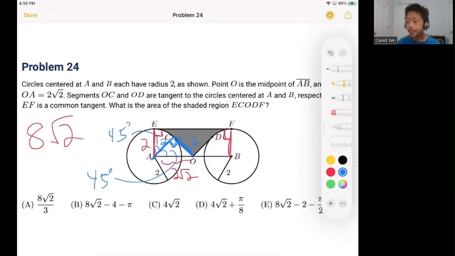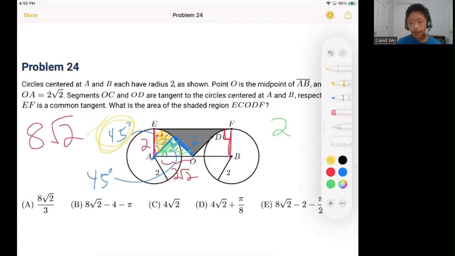Now the area of this green triangle has a base of 2 and a height of 2. So the area is 1/2 base times height, 1/2 times 2 times 2, which gives an area of 2. Then we have this yellow sector, which has an angle of 45 degrees and a radius of 2.